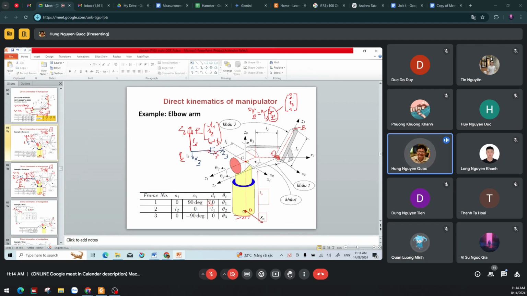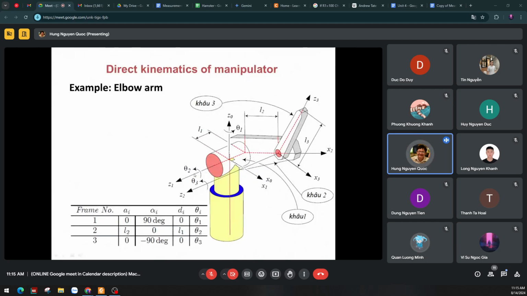I want to use the original figure, the original one without any markings, and explain to you what it is. So let's use this figure I just showed you.